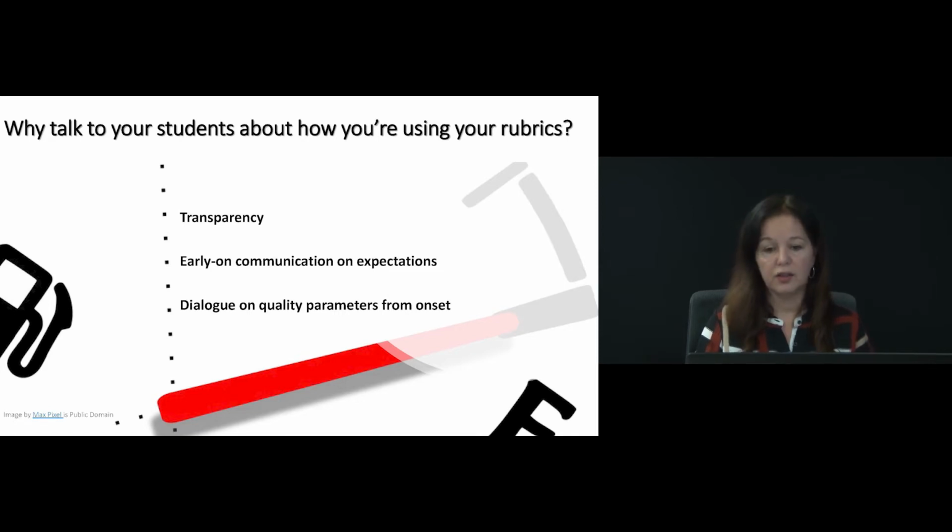There's early communication of expectations that would allow them to do exactly what I would want them to do, which is to plan what they're going to do, and a dialogue on quality parameters from the onset. So it starts at the same time the assignment is given to them.